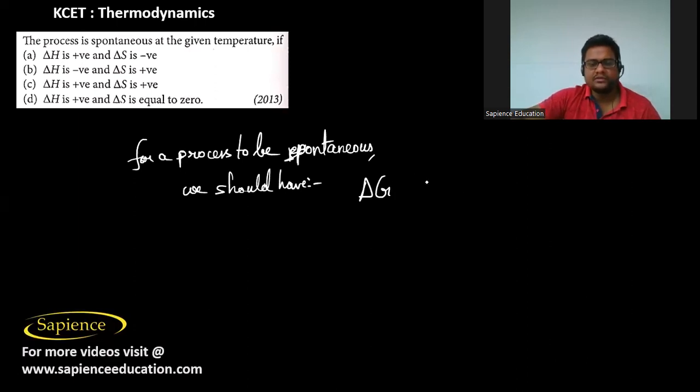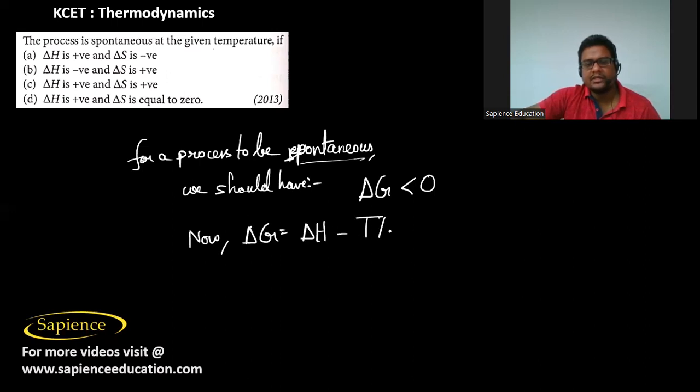Here delta H is the change in enthalpy, T is the absolute temperature, and delta S is the change in entropy of the system. If delta G is negative, then only the process is spontaneous.